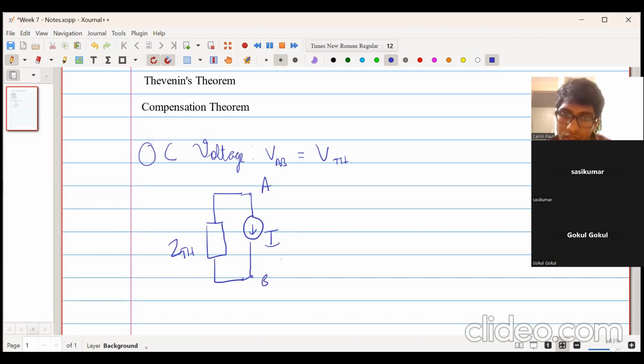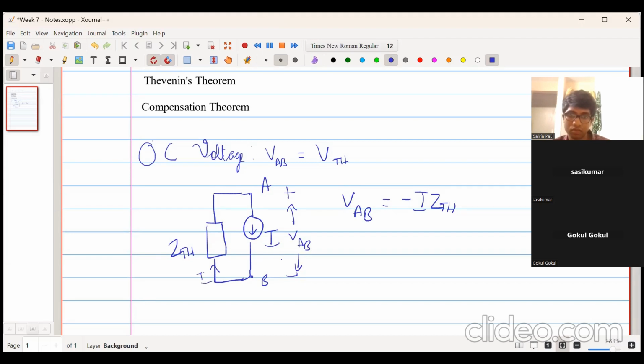When only the current source is there, VAB will become equal to minus I into ZTH. Can you understand why VAB is equal to minus I into ZTH? This is plus, this is minus, this is VAB. So we apply KVL. Current I is flowing in this direction.